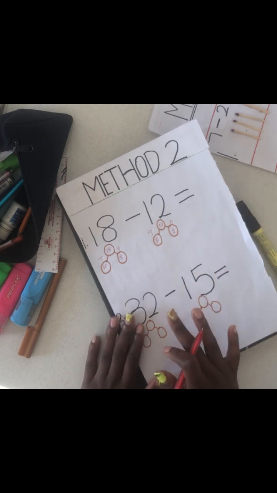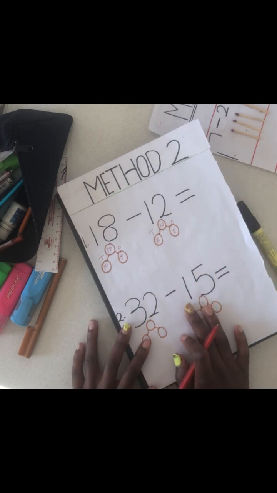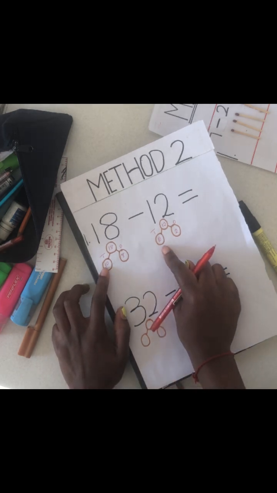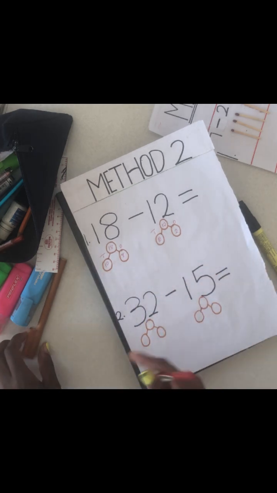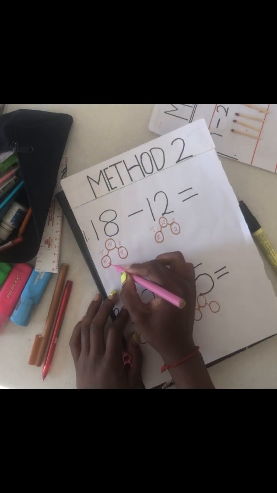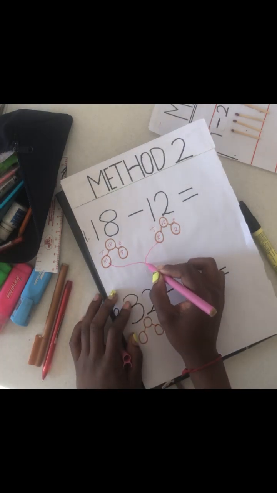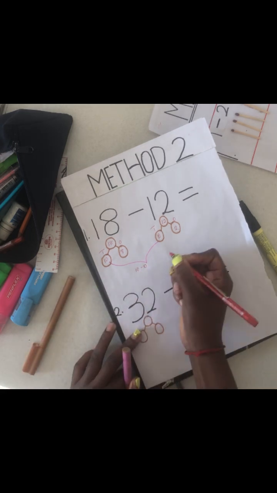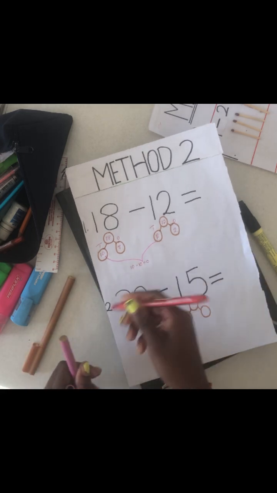So the next step is you subtract the tens from the tens and the ones from the ones, right? So you're going to say 10 minus 10, which will give you 0, right?